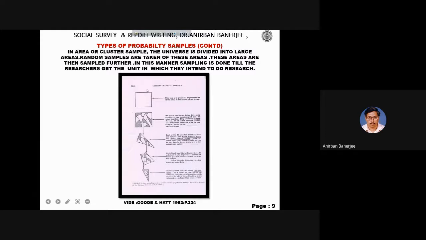Here is an example drawn from Goode and Hatt's book. Say this box is a graphical representation of the area of the United States. We then divide the United States into many smaller areas. From each of the smaller areas, we select one sample.